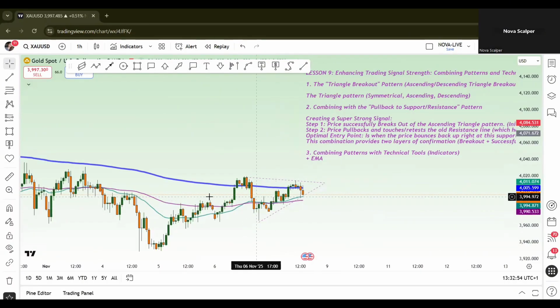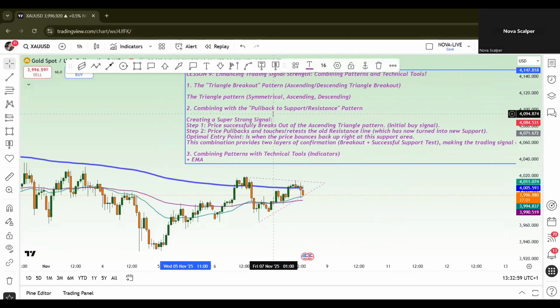Okay, so now EMAs. Are you already clear how to set up the EMA indicators on your trading chart? Do you need me to introduce it to you once again?